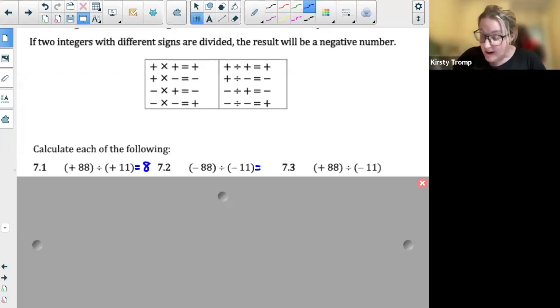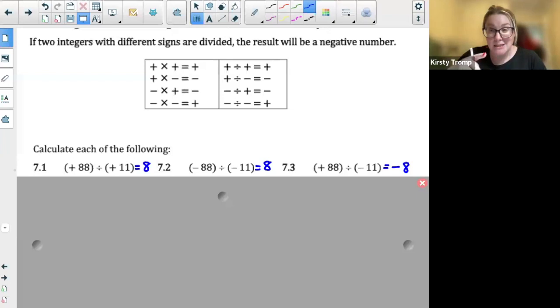And 88 divided by 11 is going to give me 8. And finally, a positive divided by a negative. So a positive divided by a negative gives me a negative. And 88 divided by 11 gives me 8.